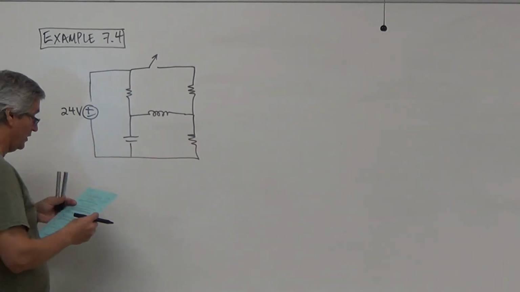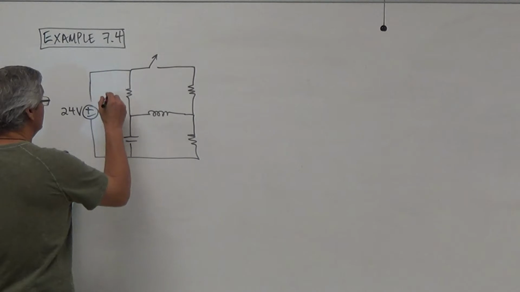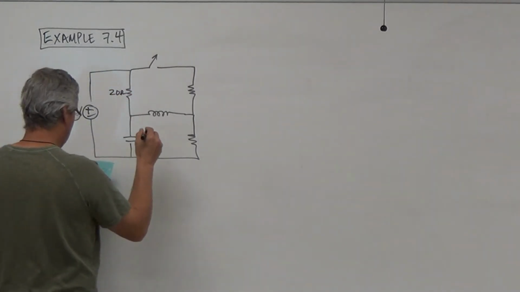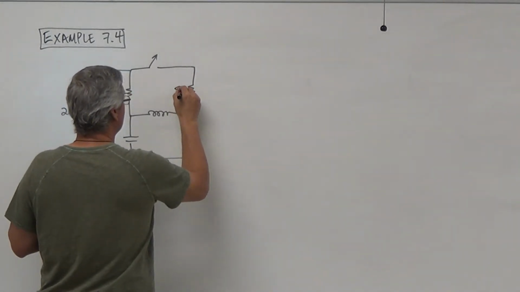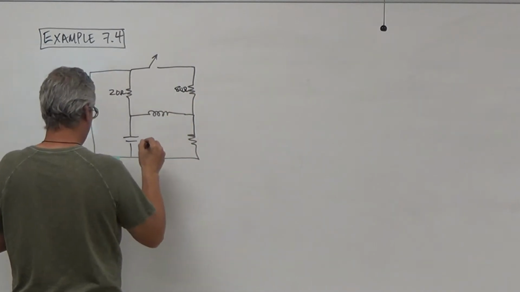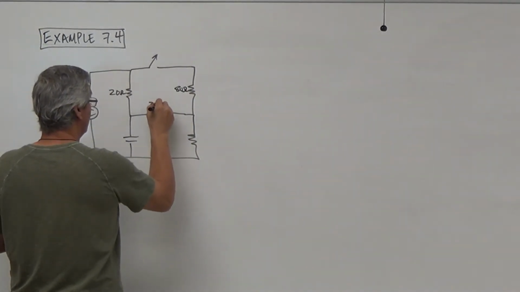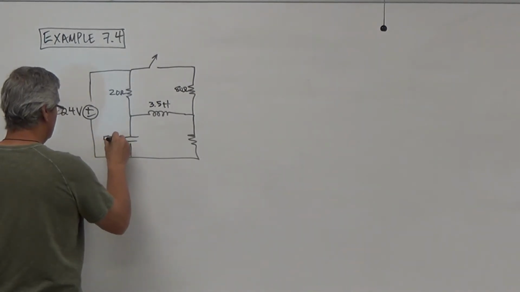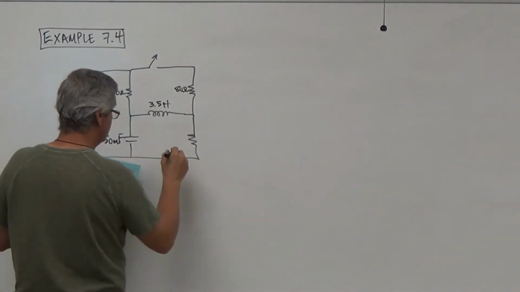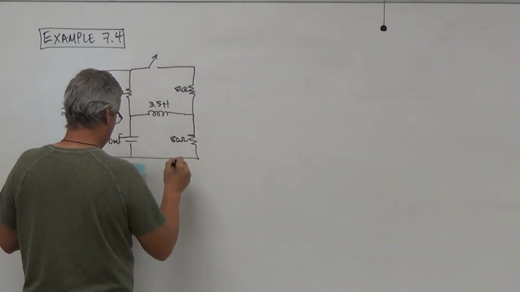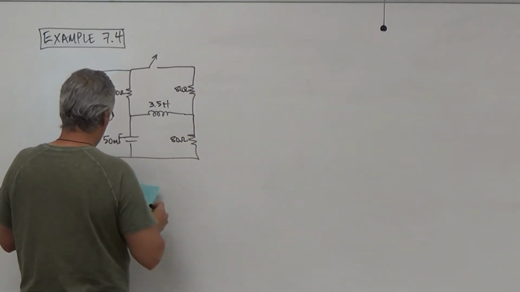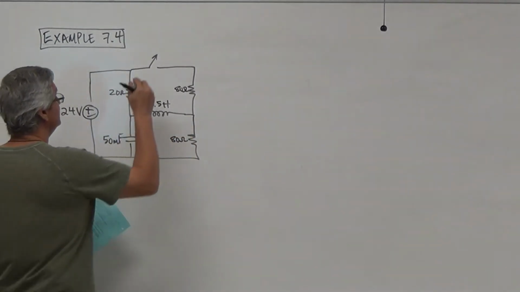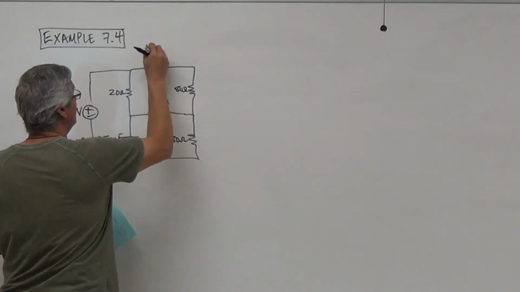Now what we're going to do here is that I got these values of 20 ohms, 80 ohms, 3.5 Henry. This is 50 millifarads, and this is 80 ohms. So now the switch is closed at t equals 0.